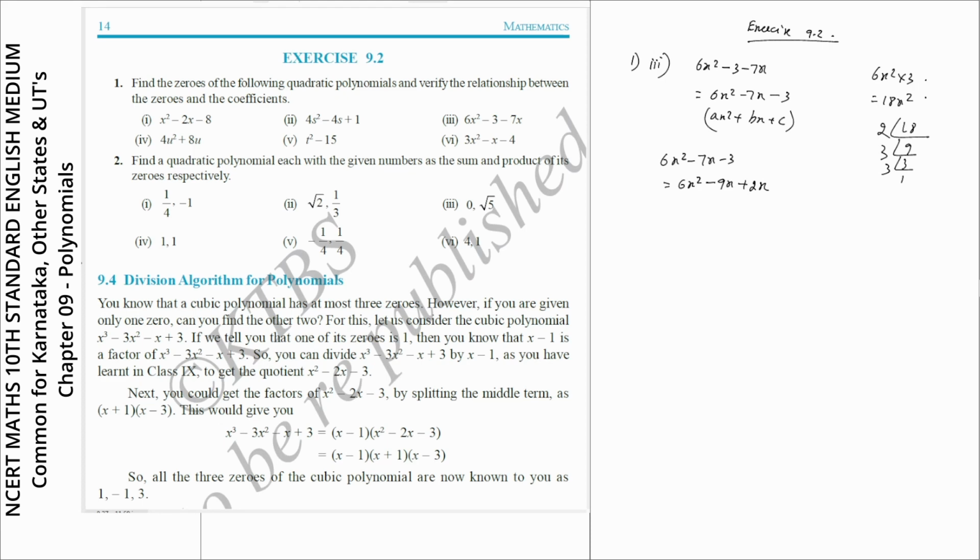So minus 9x into 2x is minus 18x square, which is 6x square into minus 3.